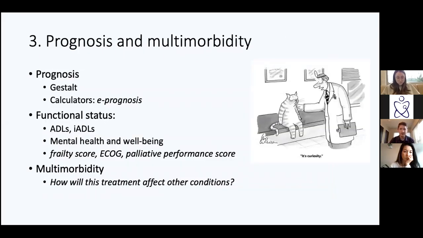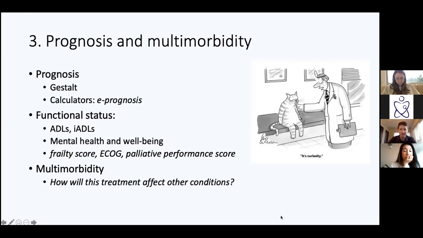The next thing is thinking about prognosis and multimorbidity. Prognosis can often be hard to estimate. There are tools online to quantify it better. ePrognosis is one that I think is helpful, and it talks about prognosis being specific to a lag time to benefit.